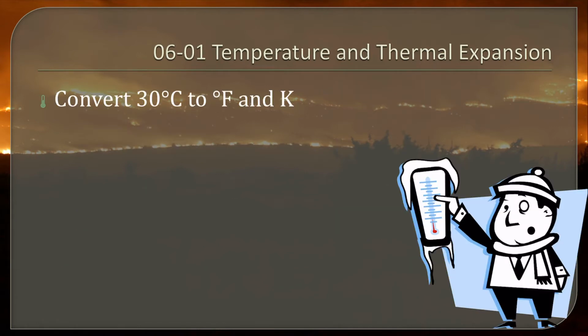So let's convert 30 degrees Celsius to degrees Fahrenheit and Kelvin. Our temperature in Celsius is 5/9 the temperature in Fahrenheit minus 32. So we have our 30 degrees Celsius there.